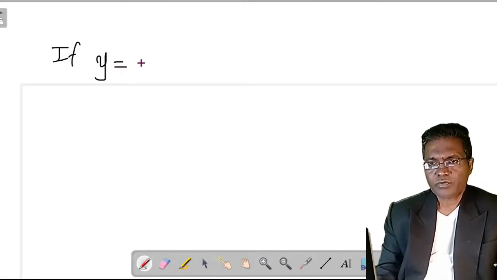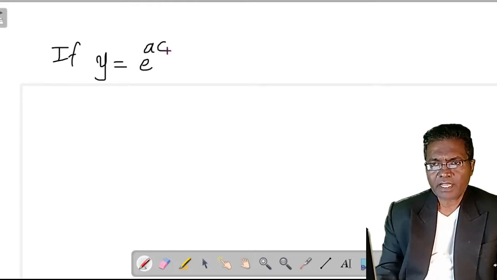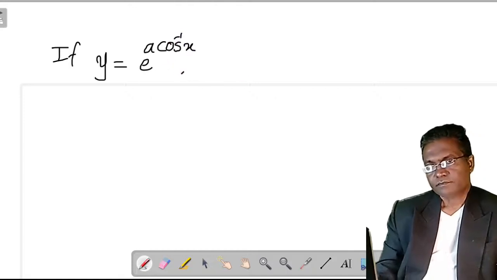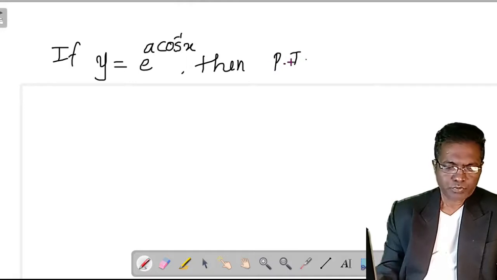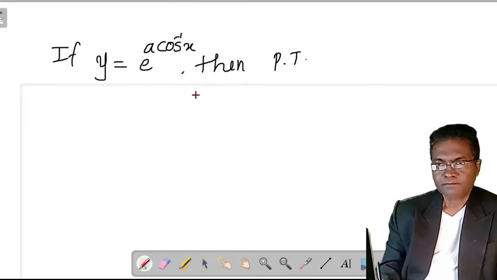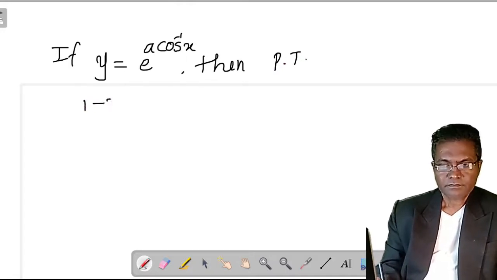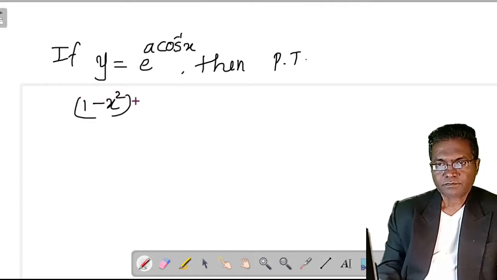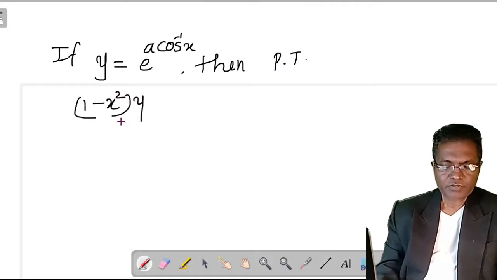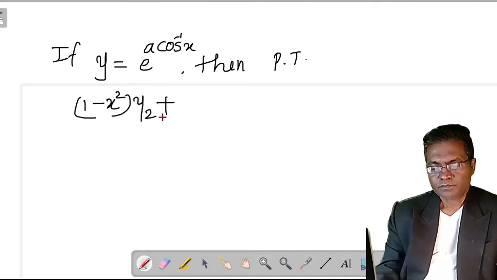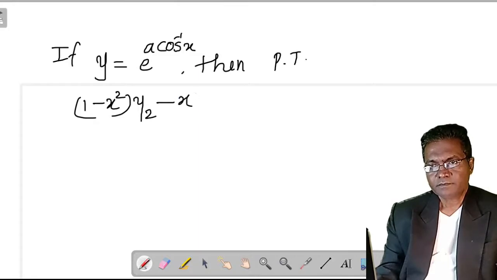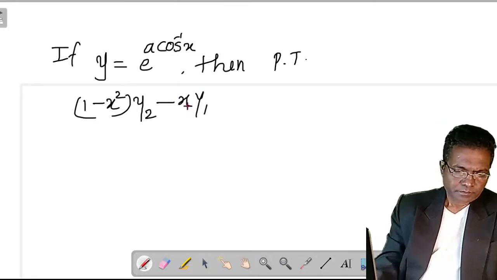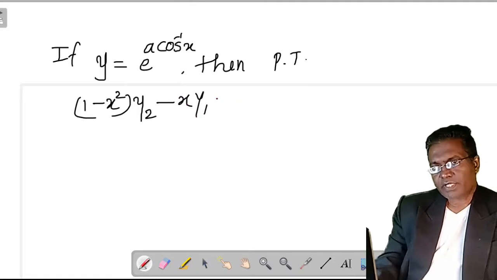If y is equal to e power a cos inverse x, then prove that 1 minus x square into y2 minus xy1 equals a square y.